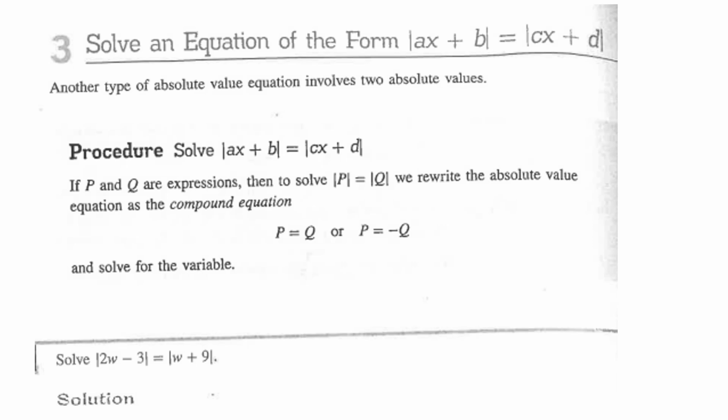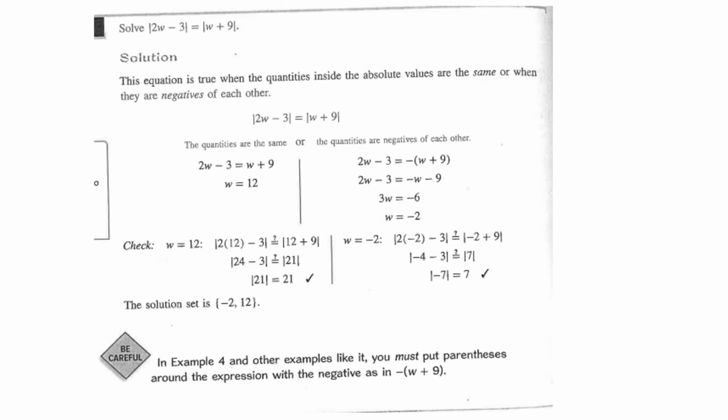Let's work through an example. In this one, I'm asking you to solve the absolute value of 2w - 3 is equal to the absolute value of w + 9. Well, this equation is going to be true when the quantities inside the absolute values are the same or when they're negatives of each other. And so if the quantities are the same, we would write 2w - 3 = w + 9.